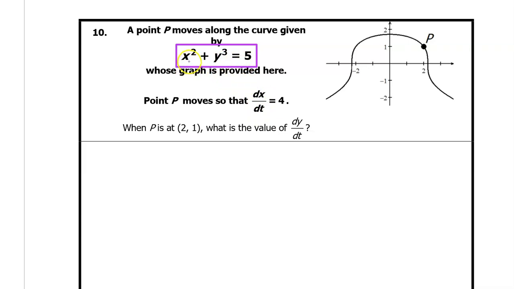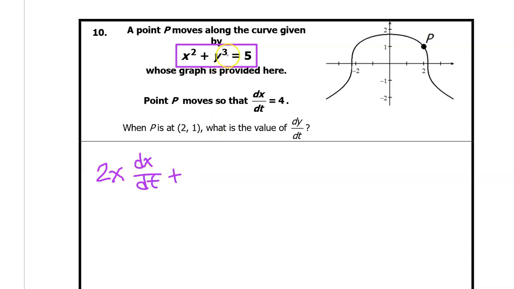Because we are differentiating with respect to t, we will have to do the chain rule with the x term and the y term. So the derivative of the outer function will be 2x, but because we are differentiating with respect to t, we have to multiply by the derivative of the inner function, which is dx dt.